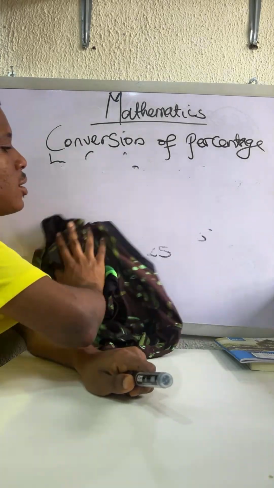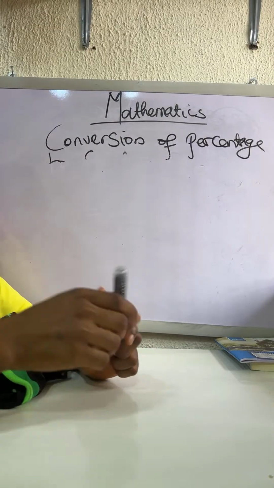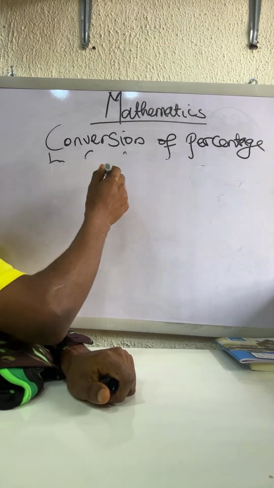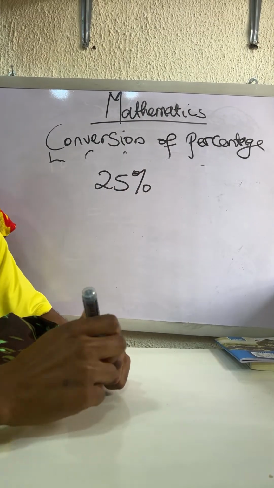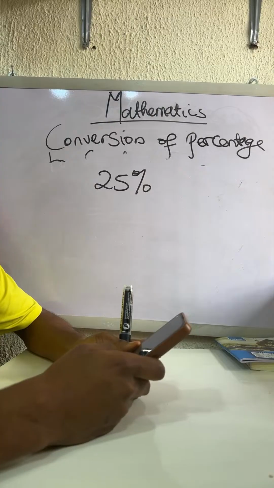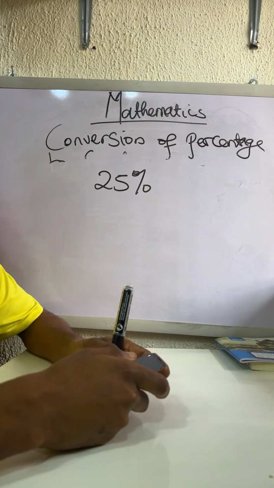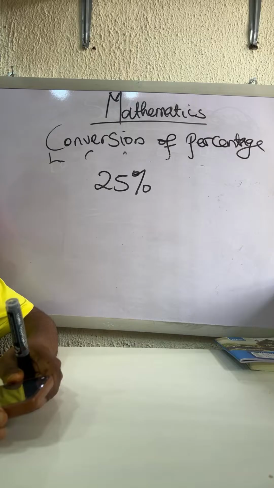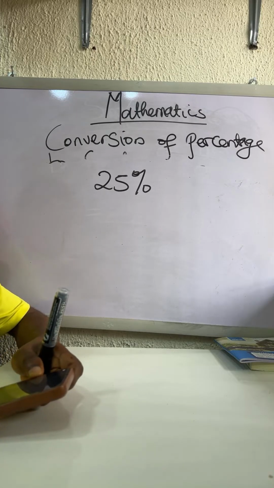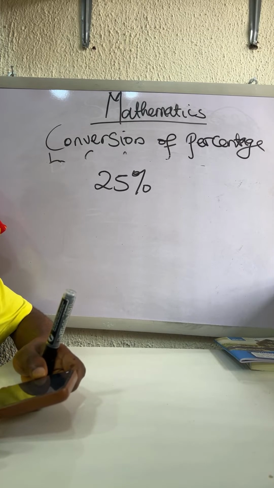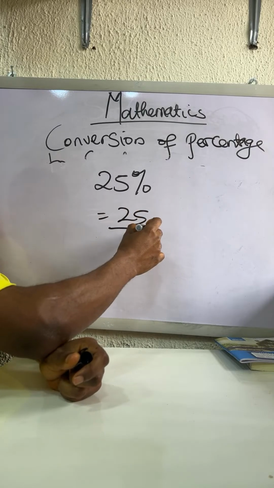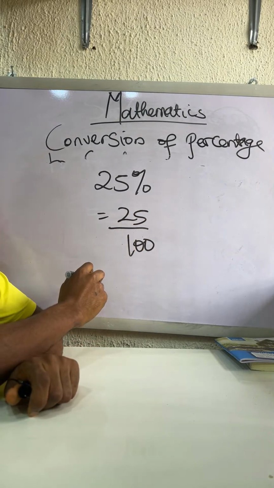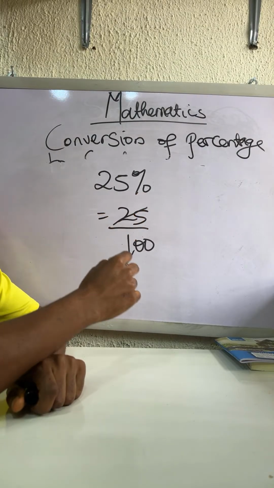So look at the next one again. We'll look at the next one as 25%. What is the value for 25%? It is very simple. 25%, you can write it as 25 over 100. You see that 5 can still divide 25.